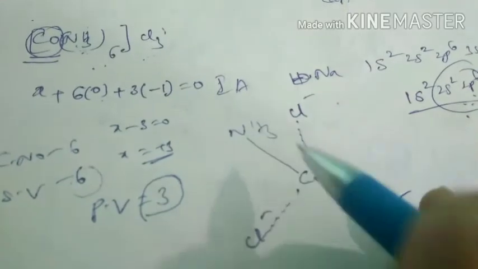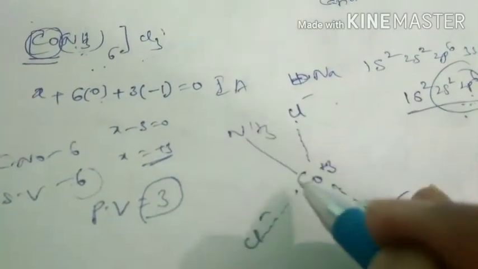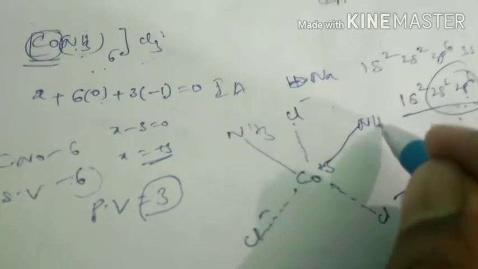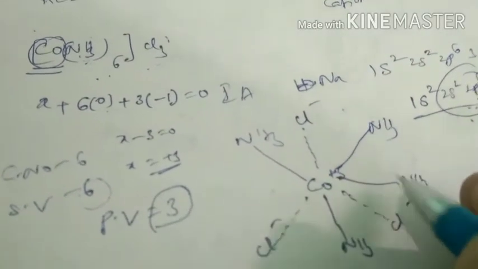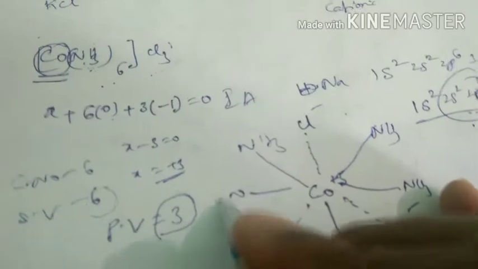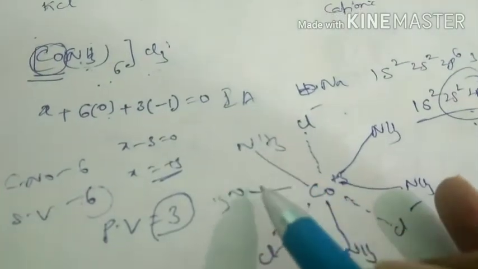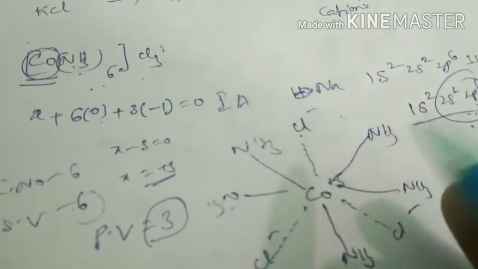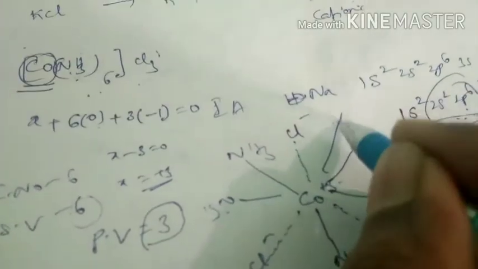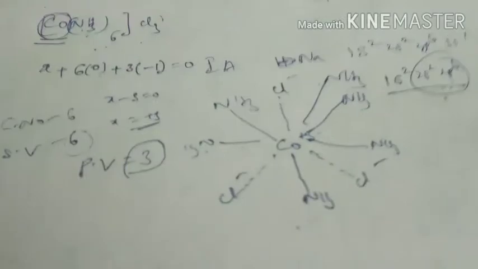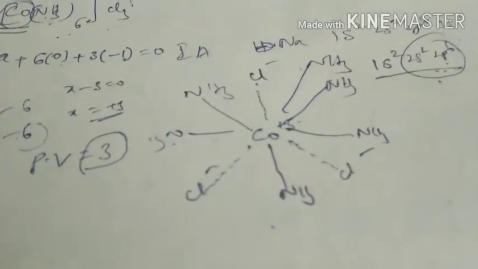That is represented by which line? Bar line. So this is the bar line. NH3, you can draw in any manner. NH3. How many ligands? 1, 2, 3, 4, 5. Still one is pending. You can draw it either here or here or here. So this is the structure for this complex compound. That is the meaning of the point.